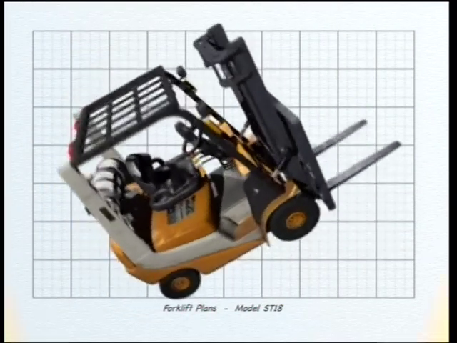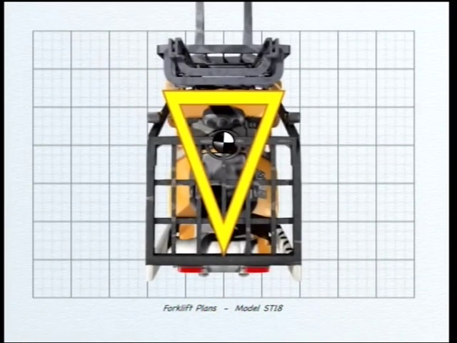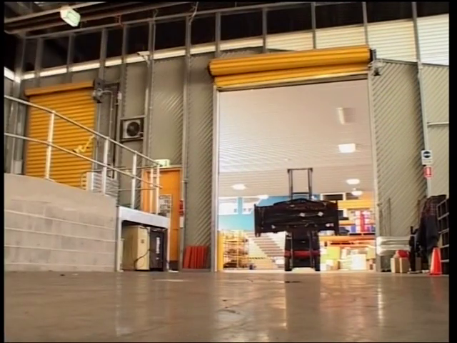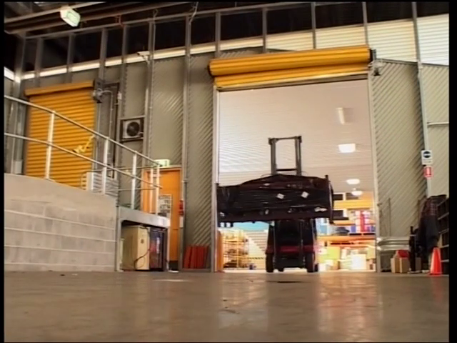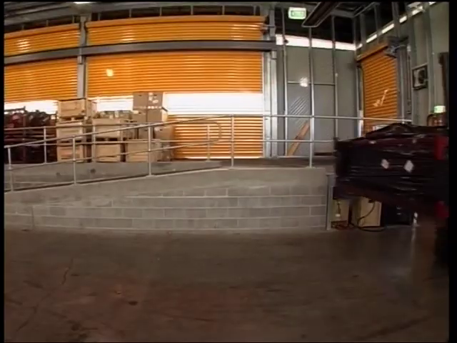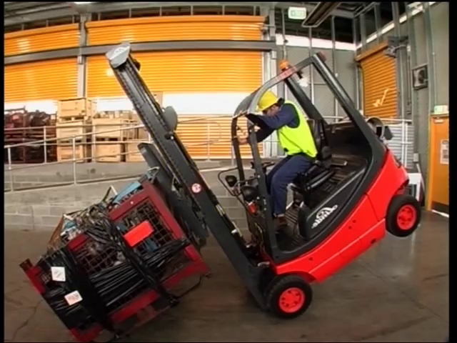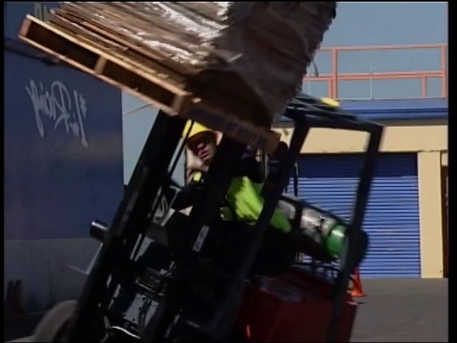The center of gravity of a forklift must be kept within the stability triangle when the forklift is either static or moving, or it will tip over. A forklift's center of gravity can move outside the stability triangle in two directions: longitudinally, forwards and backwards, and laterally, sideways.